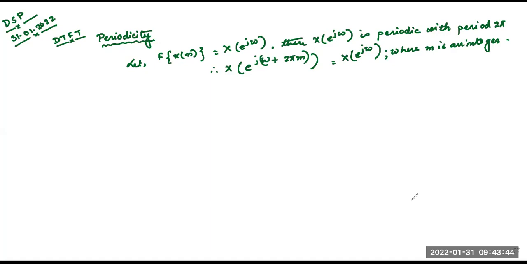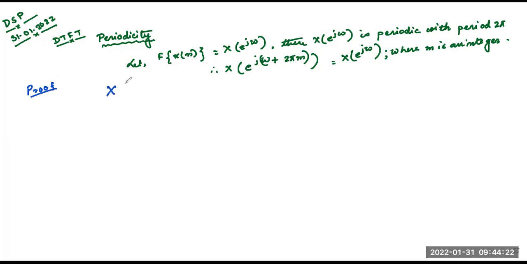Using the Fourier transform formula, summation of n equals minus infinity to plus infinity x of n e to the power minus j omega n, we can say this equals X of e to the power j omega. Depending on the definition of the Fourier transform, we have to actually prove this. So let us try the proof.